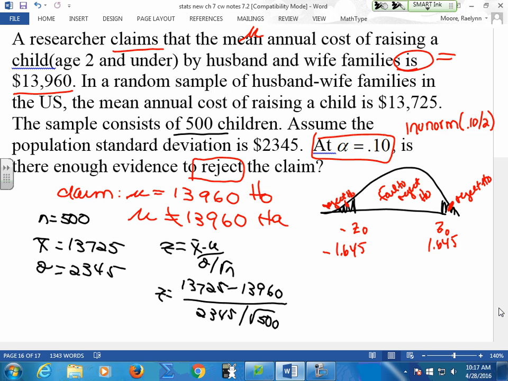Okay, so now figure out your Z-score. What do we get for a Z-score?